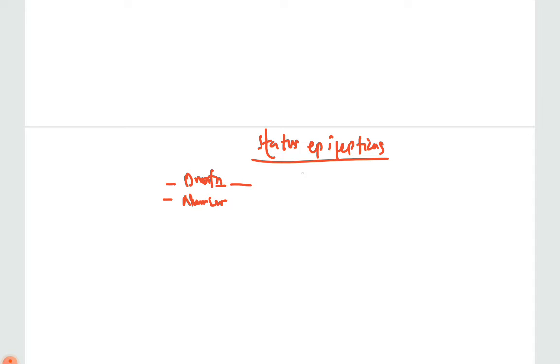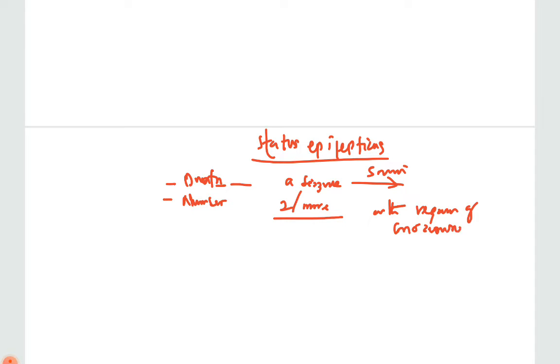So in the duration, we talk about a single seizure that lasts more than 5 minutes, or if you have two or more seizures within 5 minutes without regain of consciousness, which is very important. So you can either have a seizure lasting up to 5 minutes, or two or more within 5 minutes without regain of consciousness. Either of the two, we talk about status epilepticus.